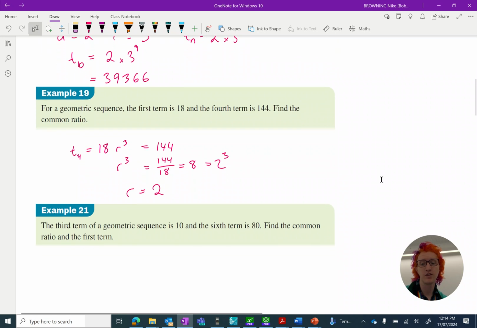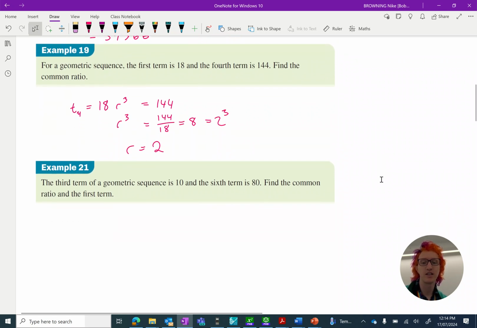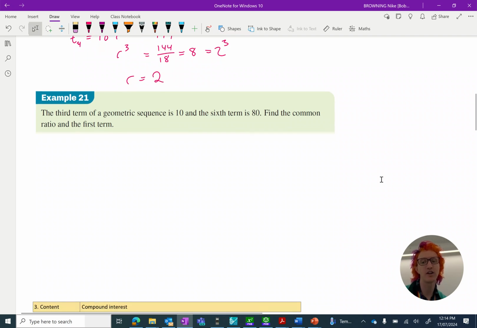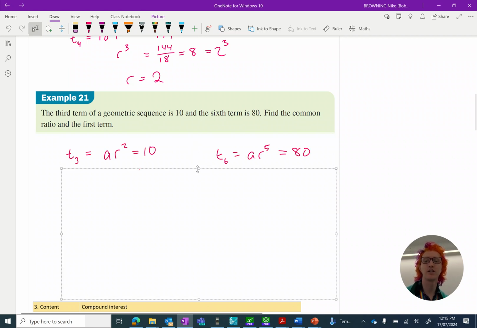The third term of a geometric sequence is 10 and the sixth term is 80. Find the common ratio and the first term. Again, starting with what we know. We know that T3 is equal to A times R squared, because n minus 1, 3 minus 1 is 2, and that's equal to 10.